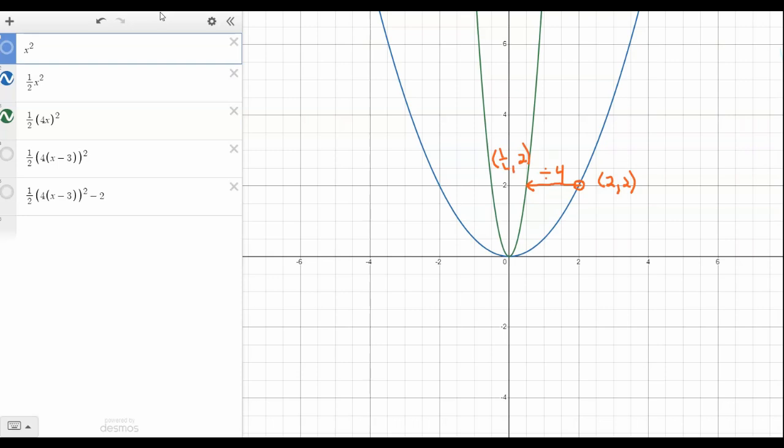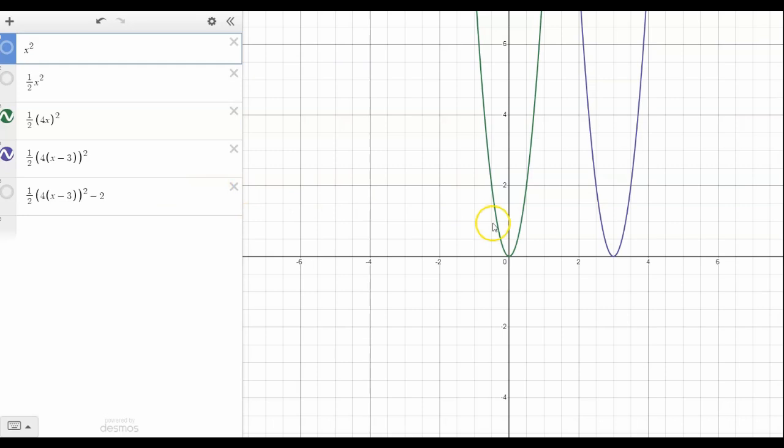Now that our transformations are out of the way, let's do some translations. So our first translation is to move to the right 3 units. From here we take our position, which was (1/2, 2). We are going to add 3 units to our x coordinate. So now we have the point (3.5, 2).